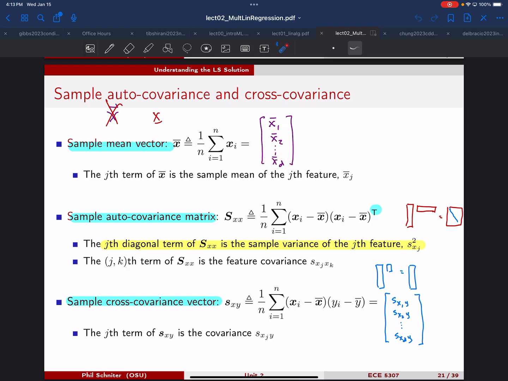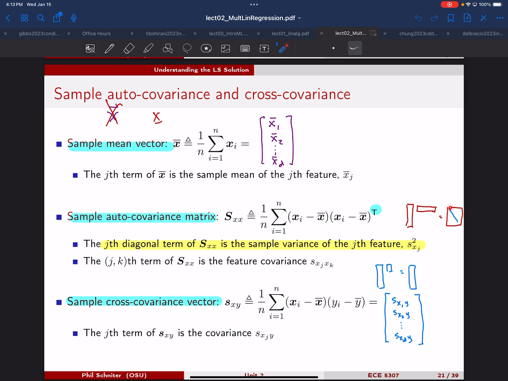We also have an extension of the variance to the autocovariance matrix. So here we have, as a column vector, the deviation between xi and its sample mean, and then here as a row vector, the same thing. And when you look at the average of that, because this is an outer product, you get a full matrix. And so this full matrix is called the sample autocovariance matrix.